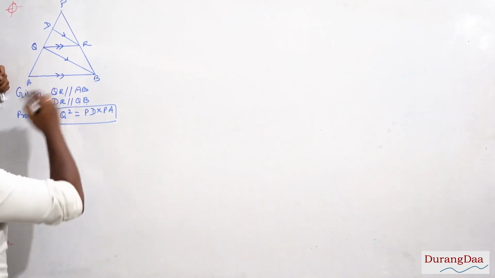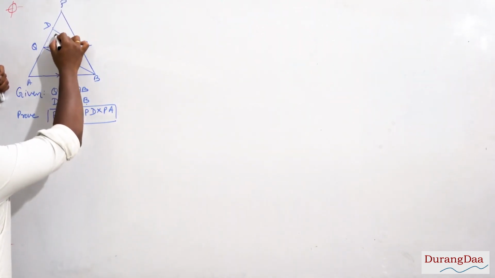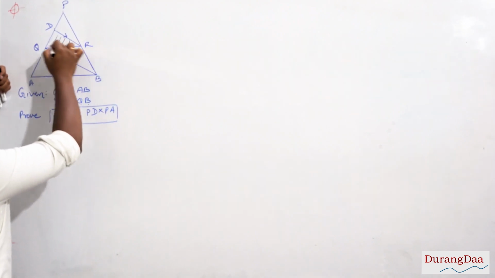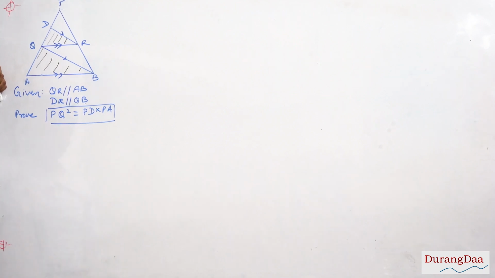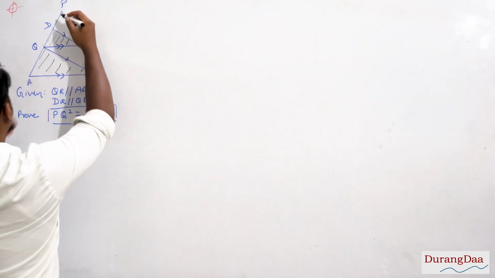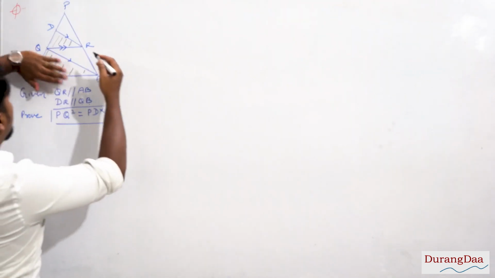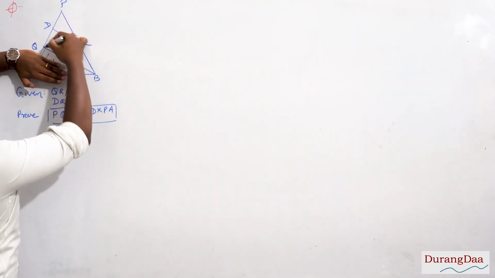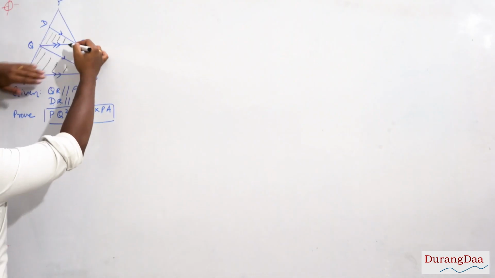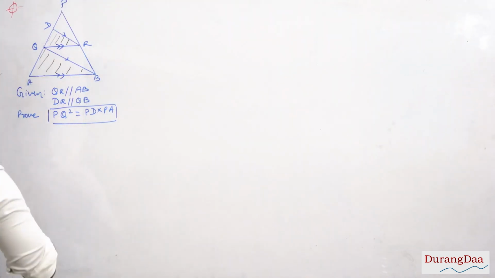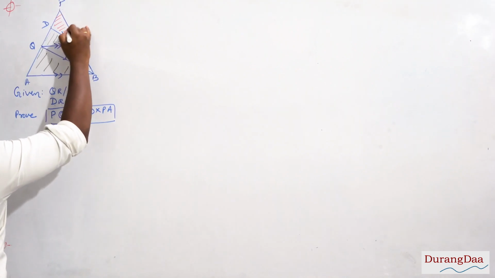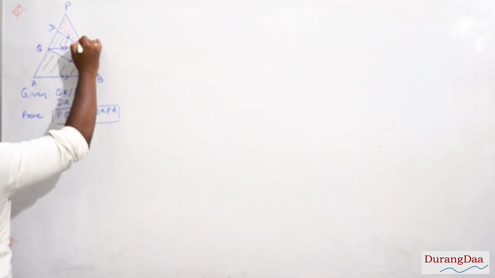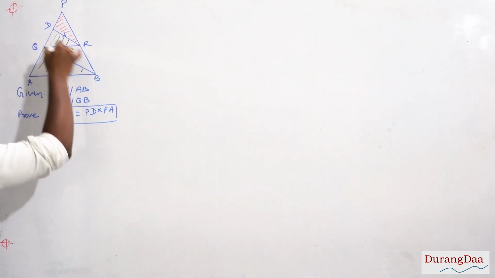Second pair would be triangle DRQ and triangle QAB, and third pair, if you forget this one, triangle PQB. In this triangle, let me mark it here, triangle PDR can be proved similar to triangle PQB.